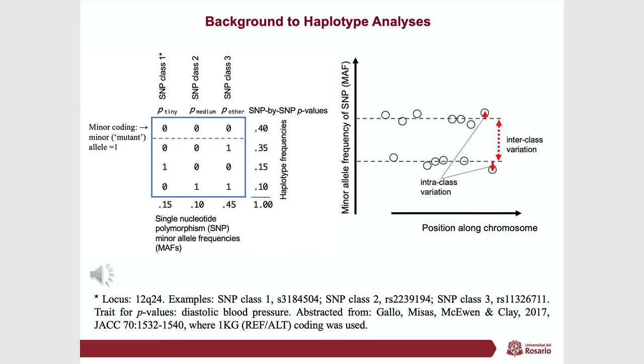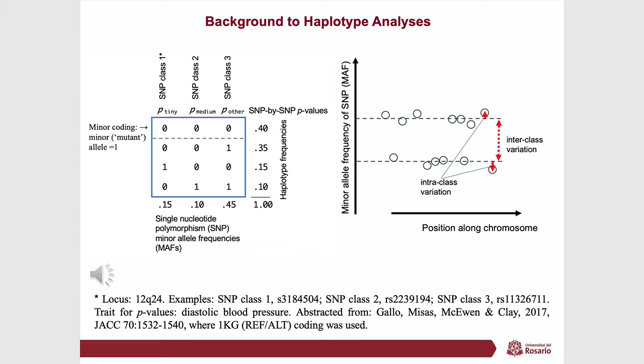For example, we give the number 0 to the major allele and 1 to the minor allele. Then the extreme case is when one haplotype, or long segment of successive SNPs, is all 0, 0, 0, 0, and the other one is all 1, 1, 1, 1.